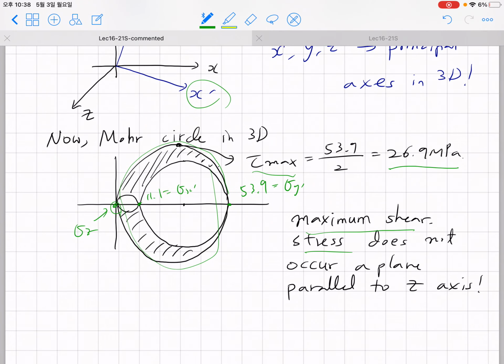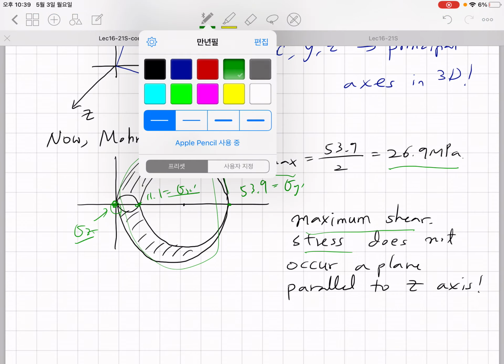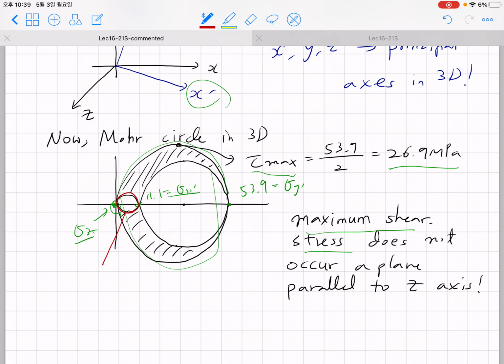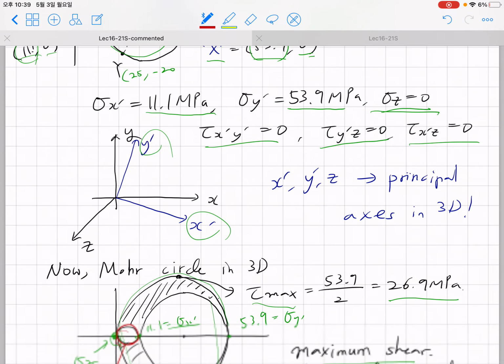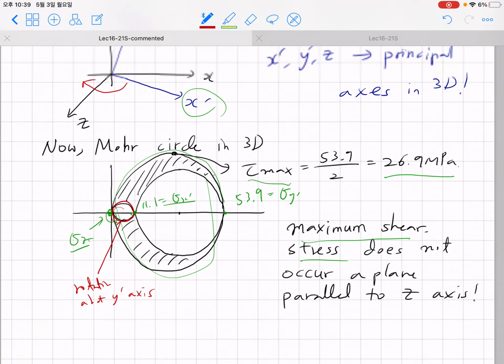So let's think about the meaning. This is sigma z here, sigma x prime here. This circle corresponds to rotation about the y prime axis. So you can think about rotation in this way.